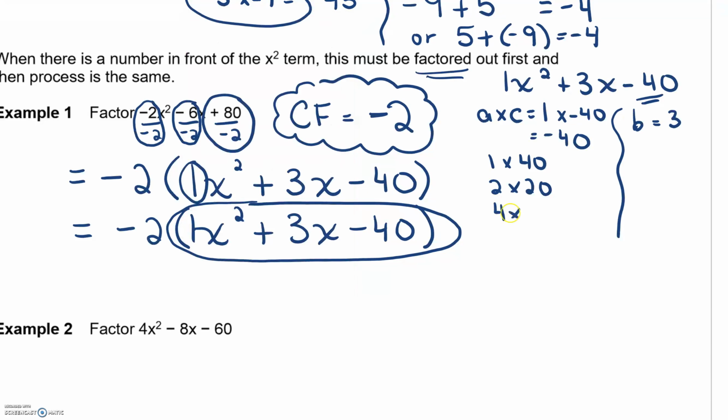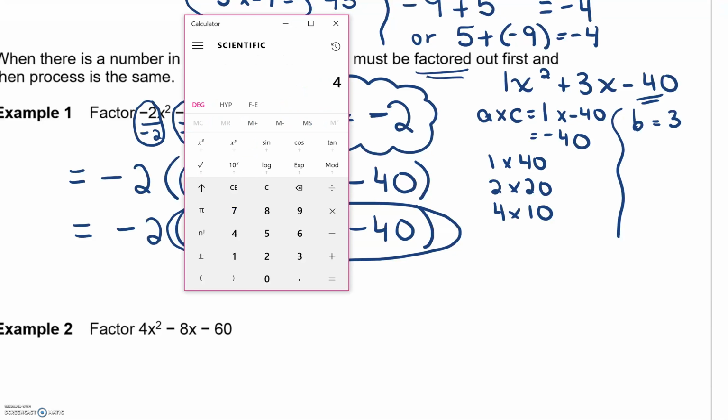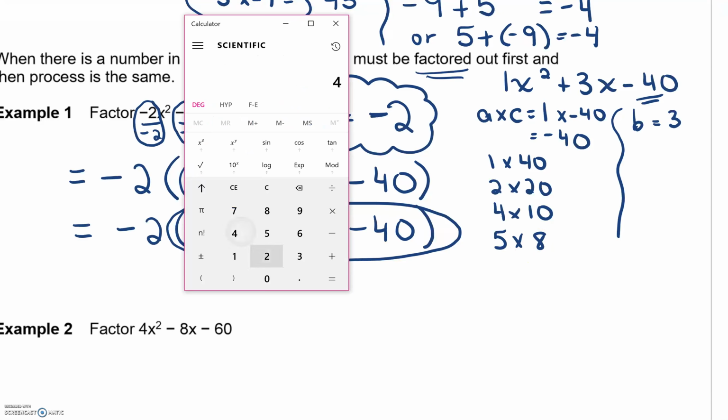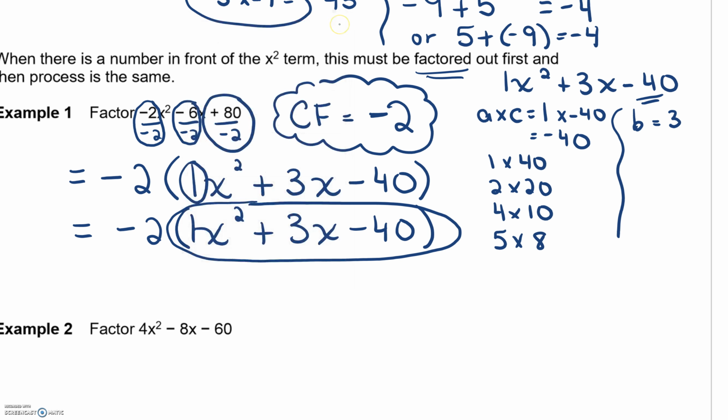So 4 times 10. 40 divided by 5 is going to work. 40 divided by 5 is 8. So 5 times 8. 40 divided by 6 is a decimal. 40 divided by 7 is a decimal. And then we loop back to the 8. Okay, so 40 divided by 8, which is the last one that we had. So there are 4 factors that multiply to 40.